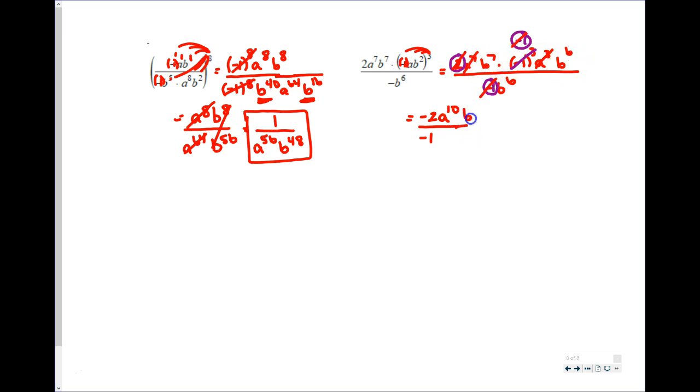That's going to be b to the 13th. Cross it off. Noticing how I'm crossing off as I go so I don't get confused. And on the bottom, I've got that b to the 6th. Well, a negative and a negative cancel out, so that's gone. So on top, I've got 2. The a to the 10th doesn't have a friend underneath, so that just stays. And then 13 minus 6 is going to give me a 7. And everything is gone on the bottom, so I don't need a placeholder.